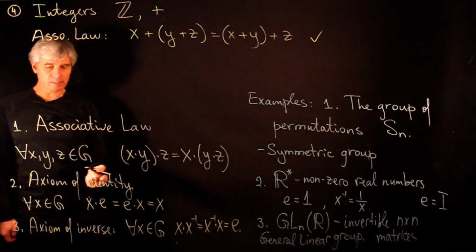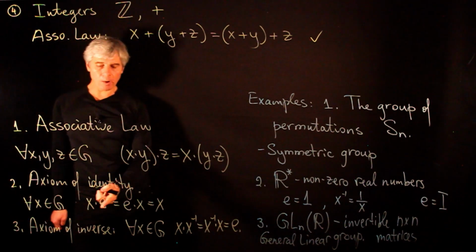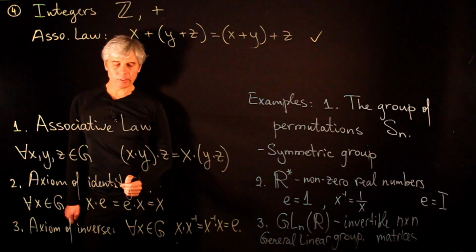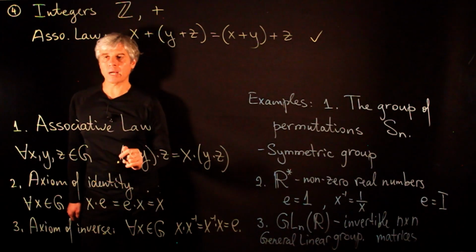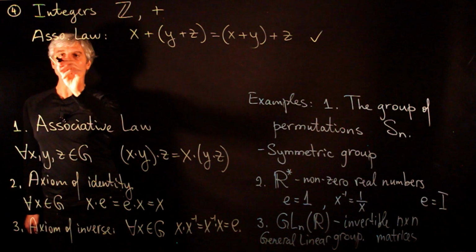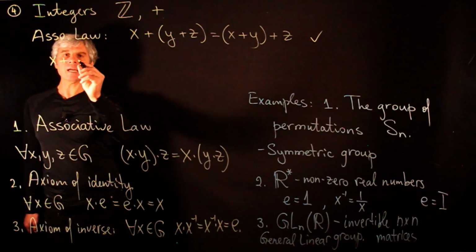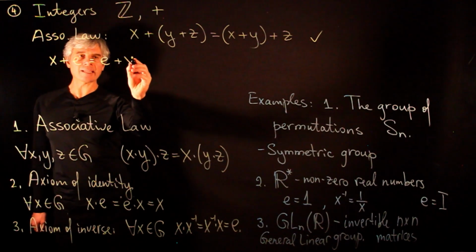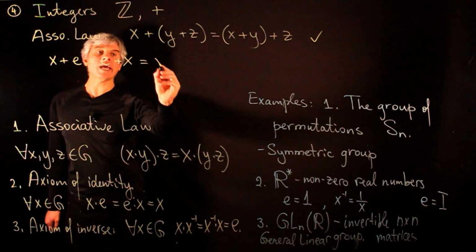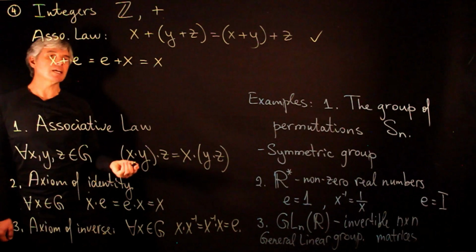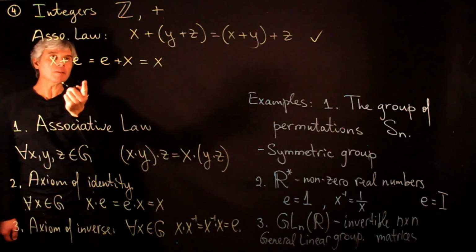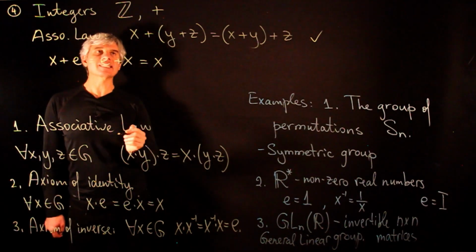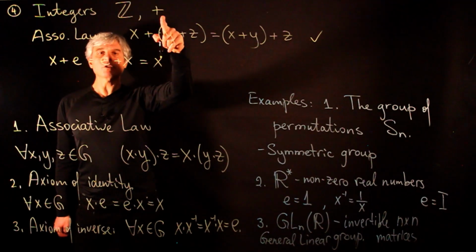Now, let us look at the axiom of identity. How can we write down the axiom of identity if we use plus for our operation? Then this will be written as x plus identity, and identity plus x, is equal to x. Now we have to decide what is the identity element in the set Z with respect to the operation plus.